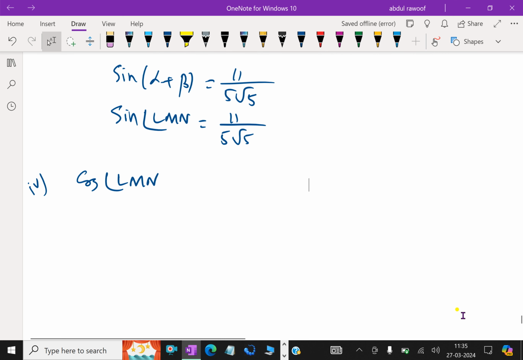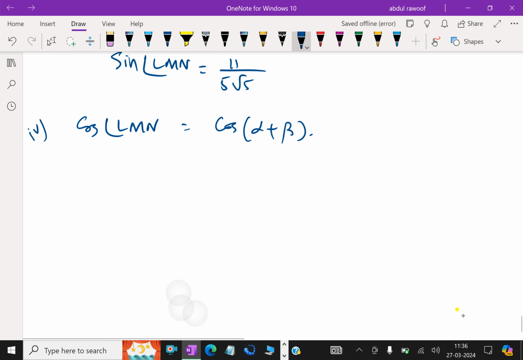Cos LMN equals cos of alpha plus beta, which is the square root of 1 minus sine squared of alpha plus beta.